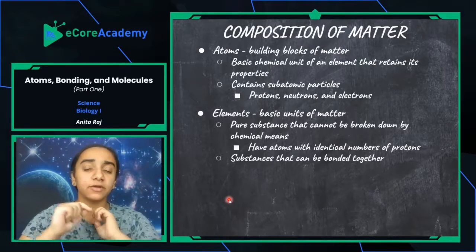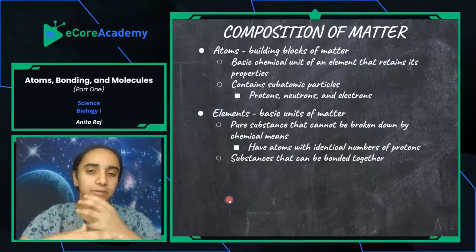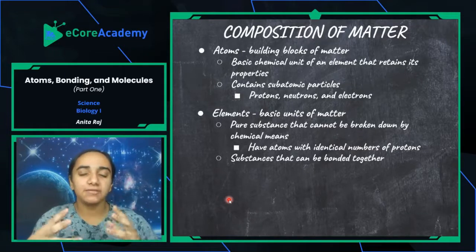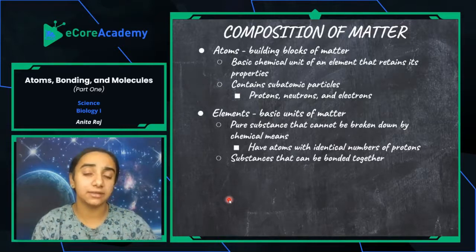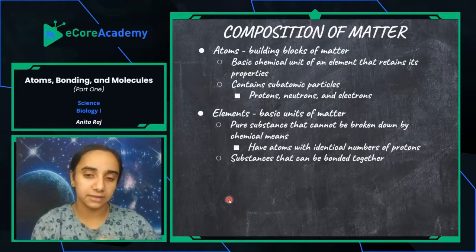So, for example, if we have an atom, and we end up adding or removing its protons, we are actually changing the element it represents. And if that doesn't make sense, don't worry about it. I'll actually explain it on the next slide.